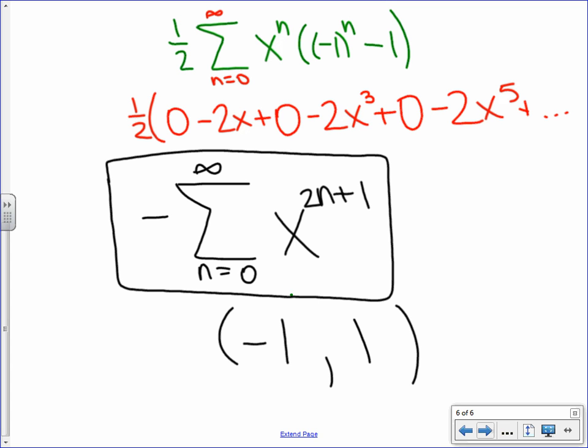Okay, now here is where our properties can be more helpful than what we did.